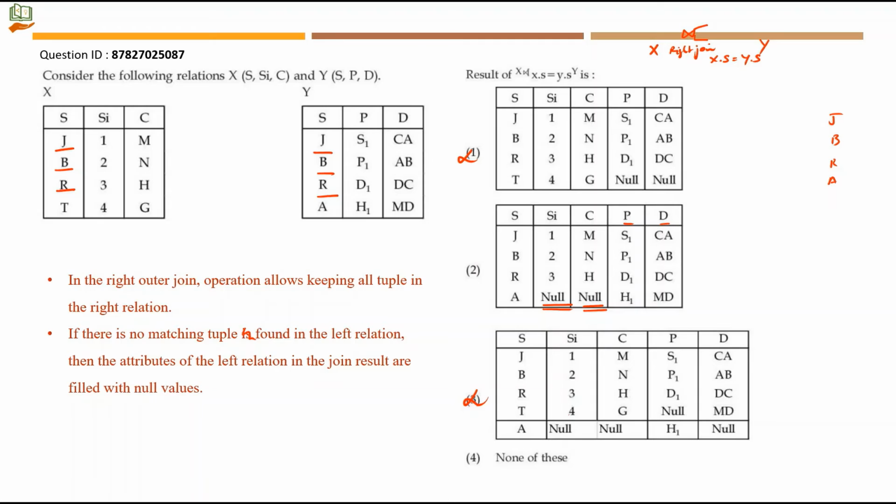Here right side tuples are filled, S1, P1, D1, H1 is filled, CA, AB, DC, MD are filled, and whichever values don't have a matching left side are filled with null values. That is SI and C fields are having null values. So option 2 will be the right answer and none of these is also ruled out.